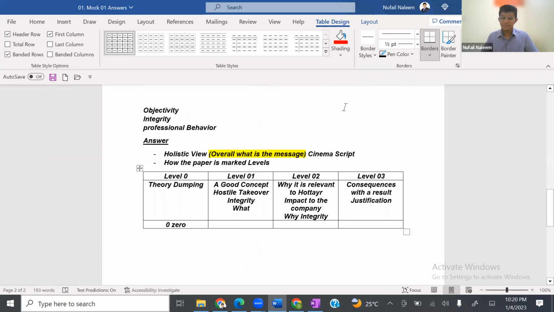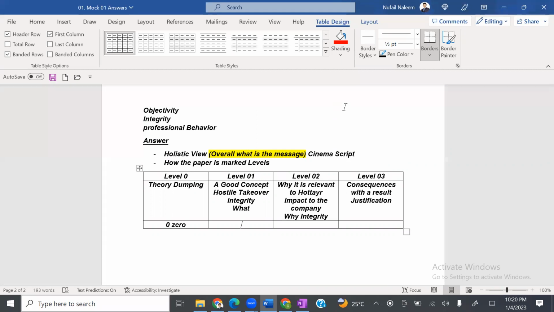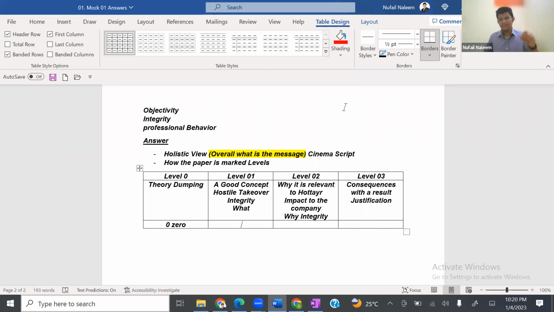So 20 marks, students, if it is level 1, the examiner will divide it by 3. So 20 divided by 3, that will be somewhere around 6.25, or 6.5. So in that case you'll get around 6 marks if your answer is in level 1, 6 out of 20.